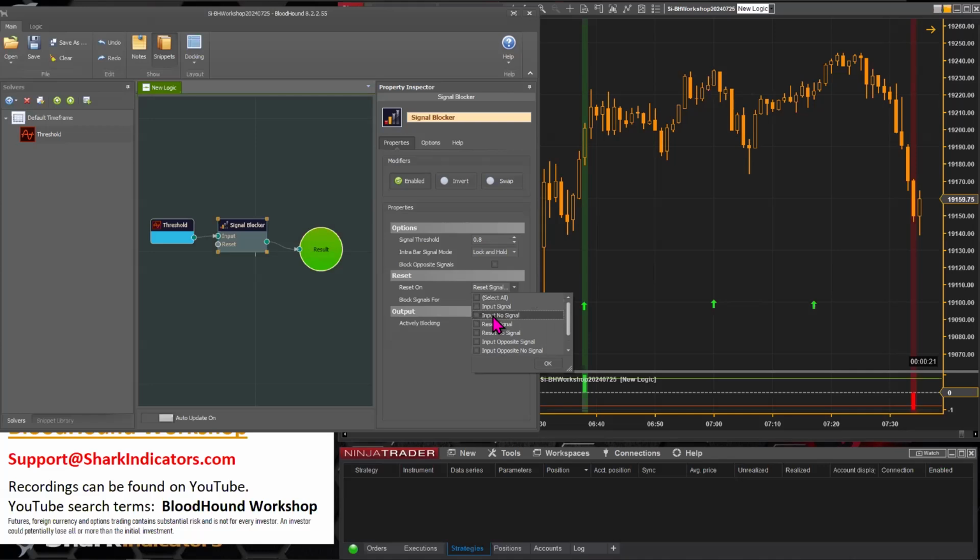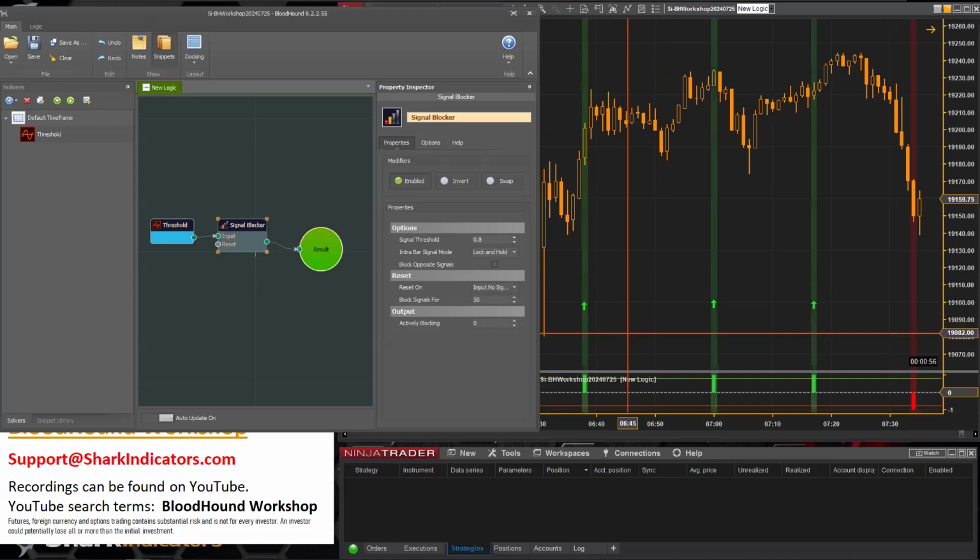There we go, input no signal, right? So basically what I'm understanding from your question is when there is a break between the signals, or no signal, that's when you want to reset the signal blocker. So click OK, and there we go.